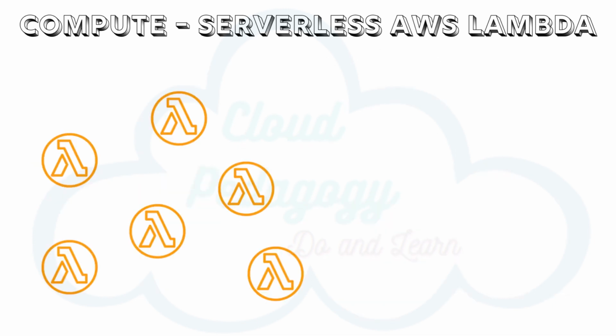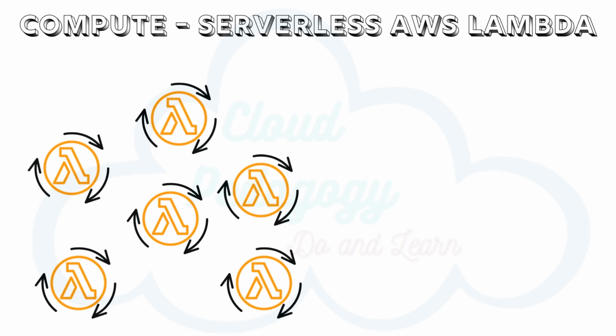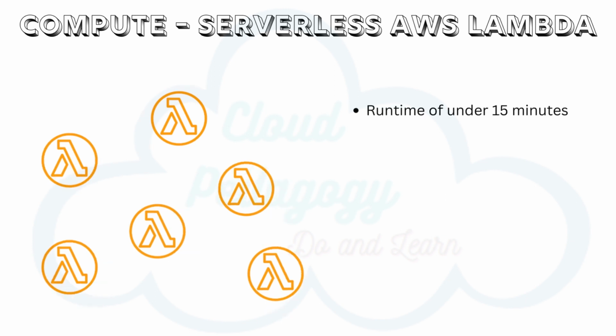If you have 1 or 1,000 incoming triggers, AWS Lambda will scale your function to meet demand, each in its own isolated environment. Lambda is currently designed to run code that has a runtime of under 15 minutes. So this isn't for long running processes like deep learning or batch jobs. You wouldn't host something like a WordPress site on AWS Lambda.